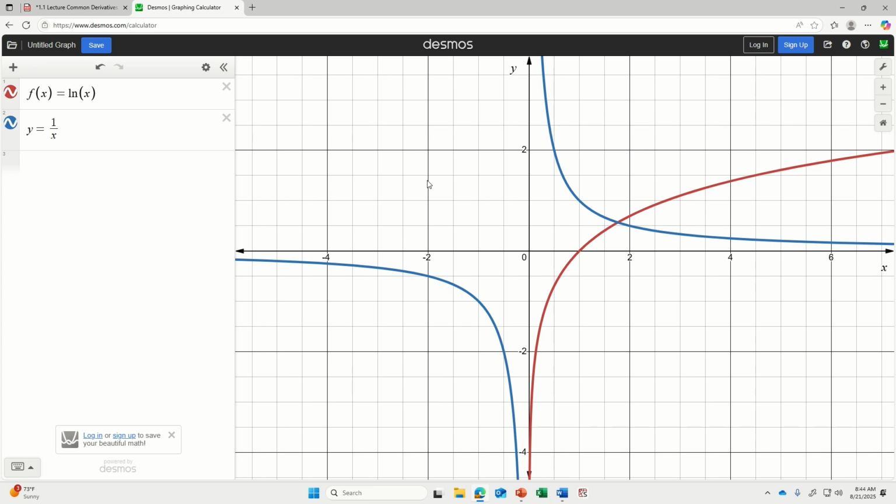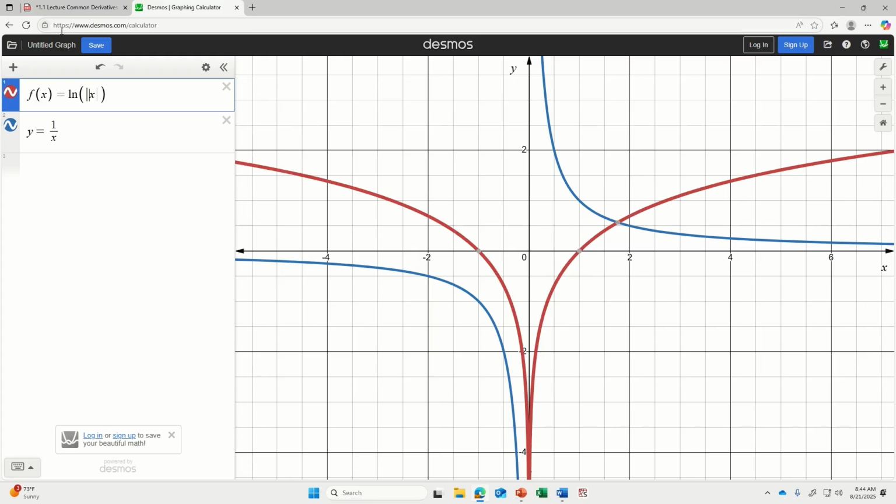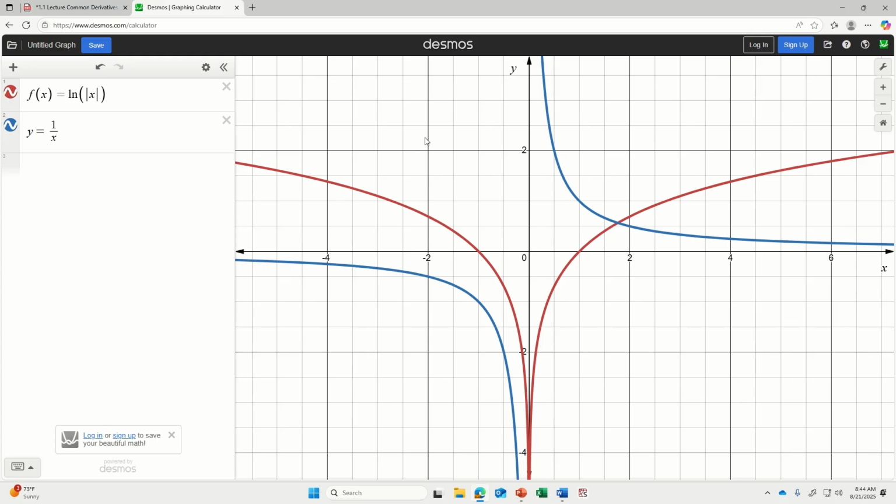The blue curve also exists for negative values of x, and the red curve doesn't exist there. If you want a more generalized definition, you could say that the natural log of the absolute value of x has the derivative 1 over x, and now you see that it makes sense for all non-zero real numbers.